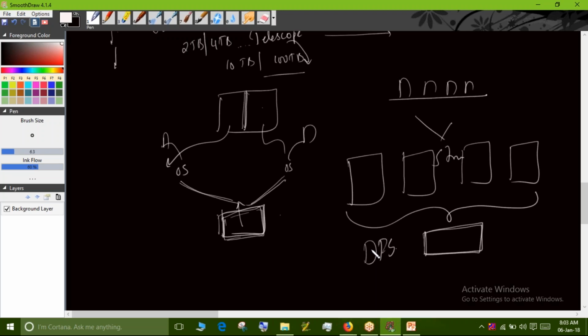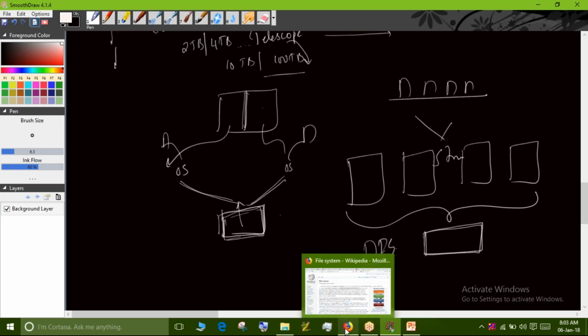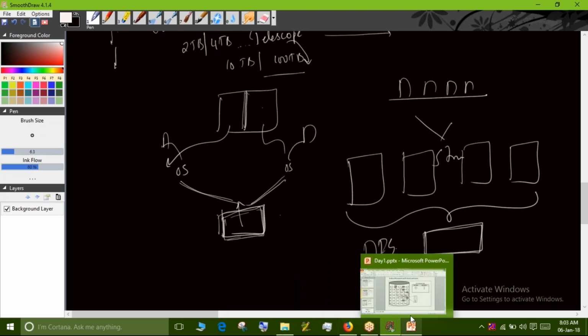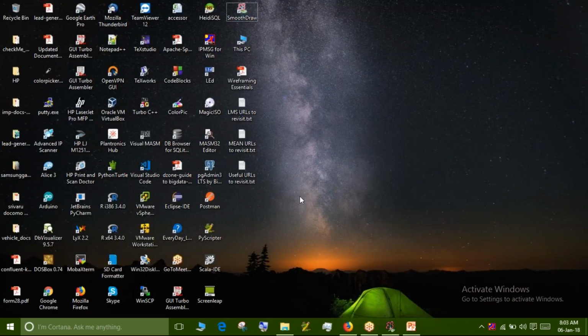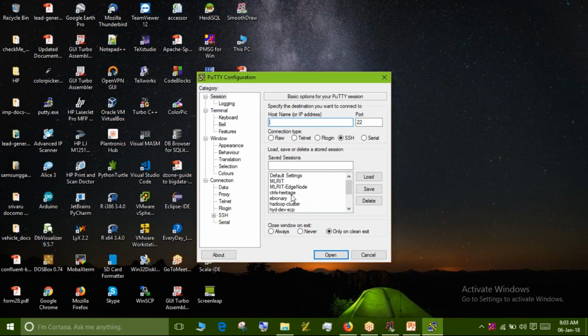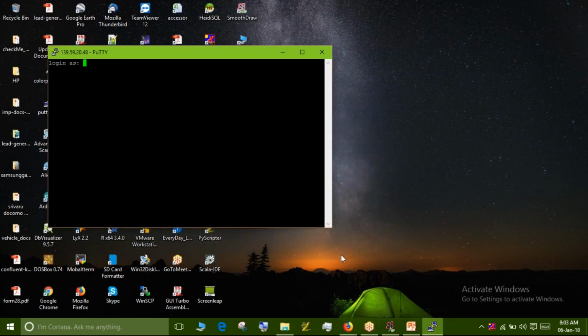Maybe physically the data is being stored on different machines, but tell me, if you go to a distributed file system, I don't know whether you experienced this anytime or not, but if you see closely, I have my CentOS file system.